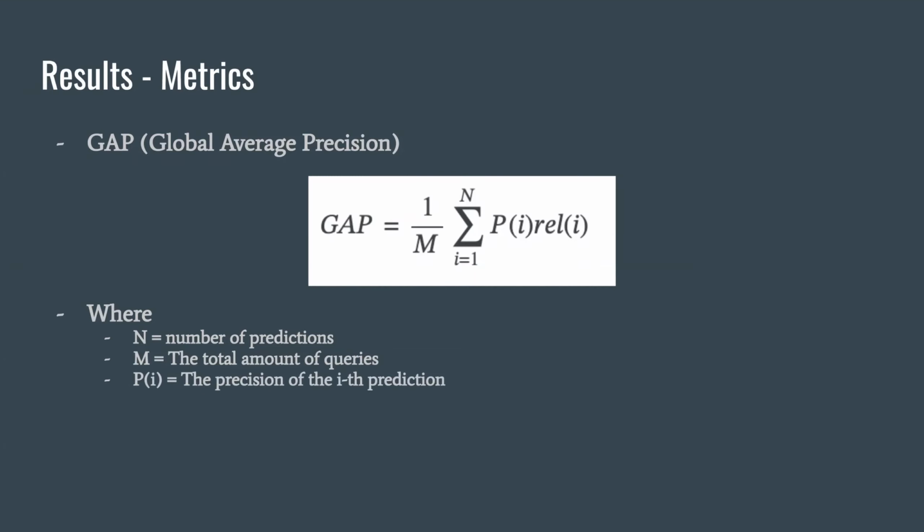P of I is the precision of the ith prediction, and rel of I is the classification result of the ith prediction, so usually that's a percentage of confidence. Both of those are multiplied together and then summed up to the number of predictions we have, and then normalized by the number of queries we're using.